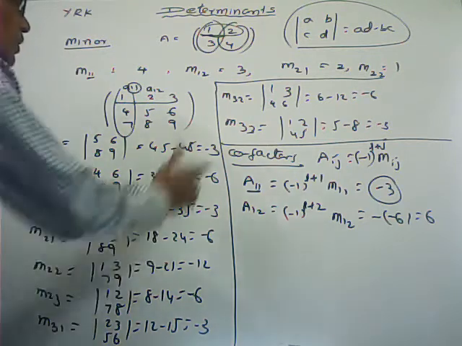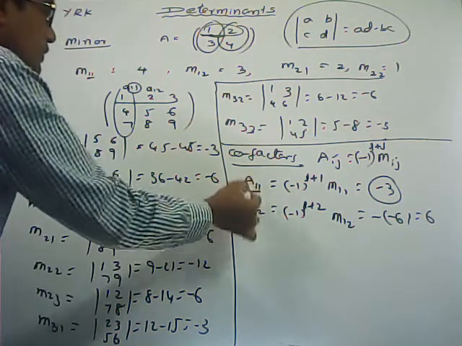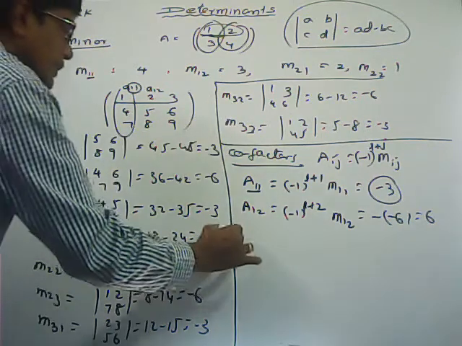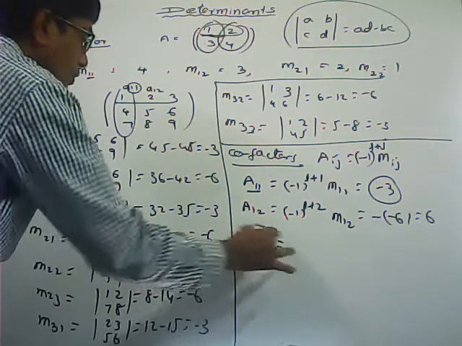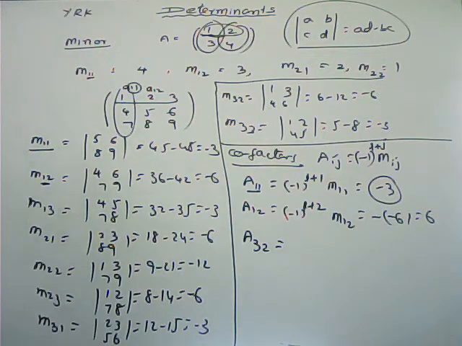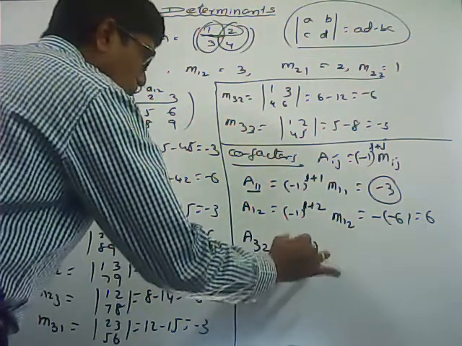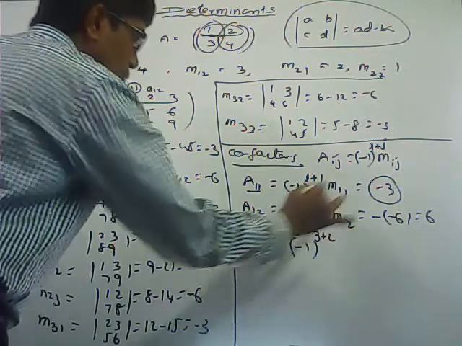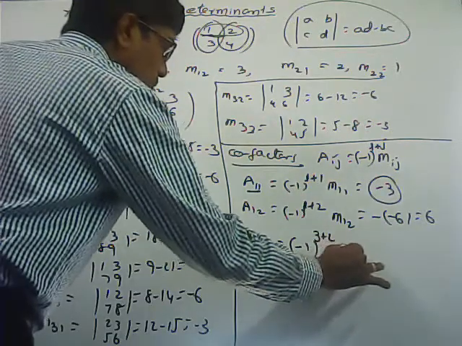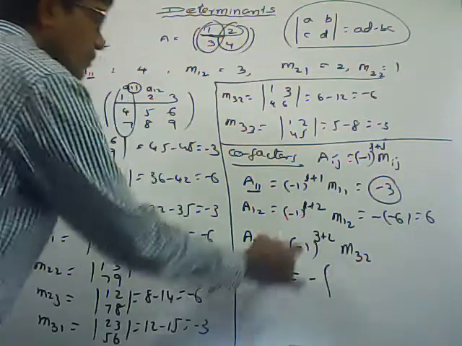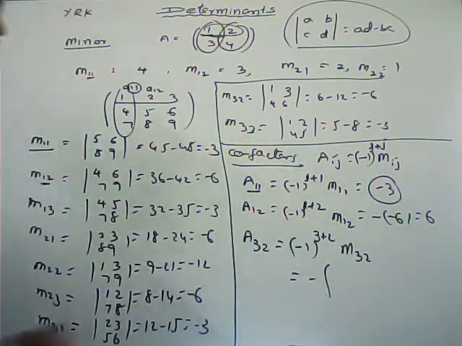Now for the elements which are present in odd positions, we can do one more example. For A32, what is the cofactor of the third row second column element? That is equal to minus 1 whole power 3 plus 2 into M32, that is equal to minus of M32, since odd gives minus.